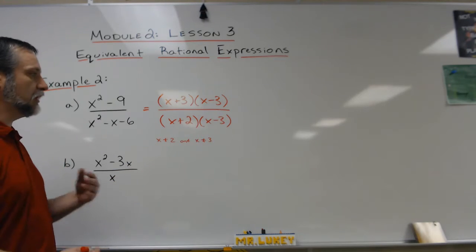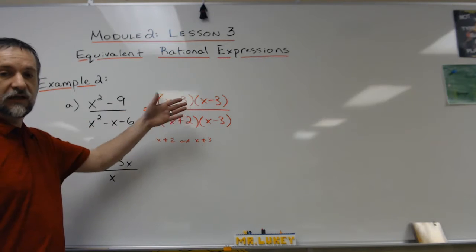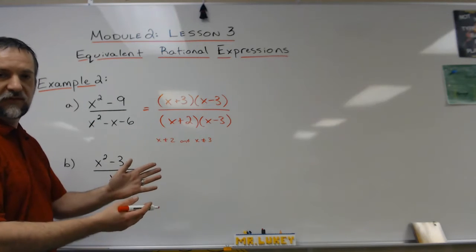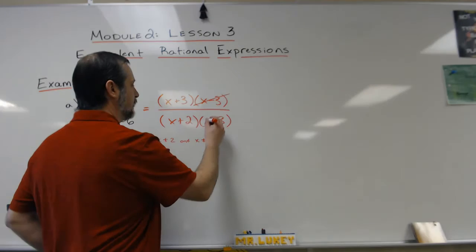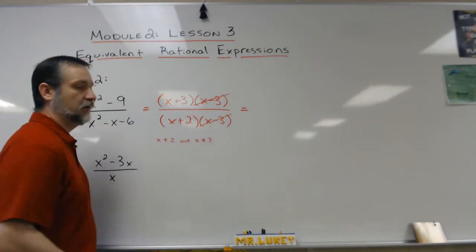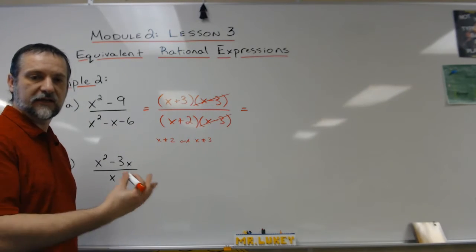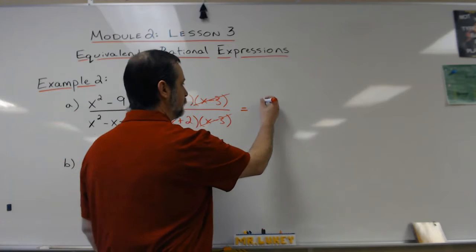So now we're looking to cross off. We have an x minus 3 divided by an x minus 3. Those will cancel out because that'll be equal to 1. So our final answer is simply going to be x plus 3 over x plus 2.